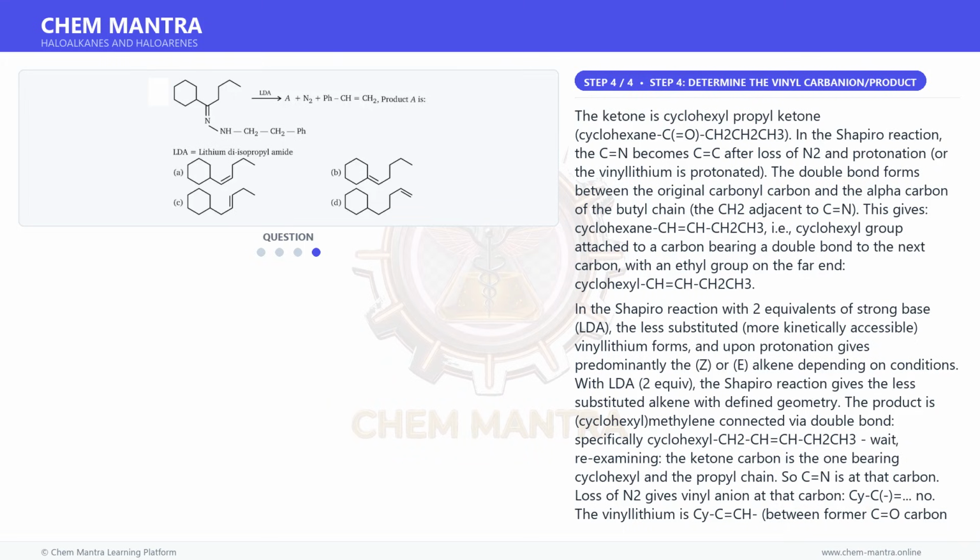The ketone is cyclohexyl propyl ketone, cyclohexane C=O, CH2CH2CH3. In the Shapiro reaction, the C=N becomes C=C after loss of N2 and protonation, or the vinyllithium is protonated.